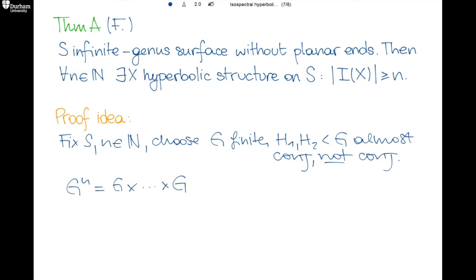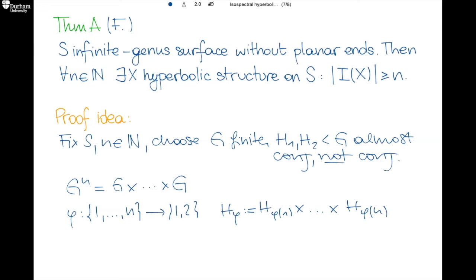And I have some obvious subgroups that I can construct using H1 and H2. For each component, I can pick H1 or H2. So if phi is a map from 1 to n to 1, 2, I can look at H_phi, which is the subgroup where I pick H1 or H2 as the map tells me.